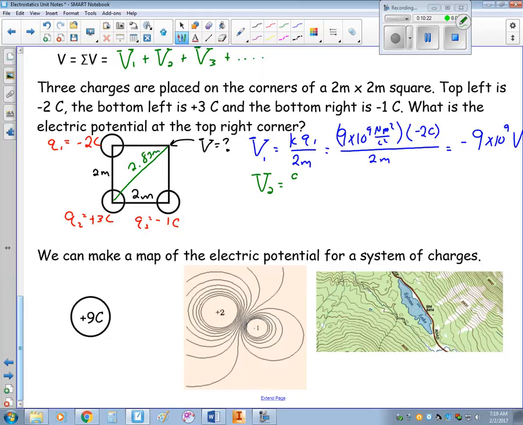So this would be 9 billion newton meters squared per coulomb squared times positive 3 coulombs, divided by 2.83 meters, getting positive 9.54 billion.